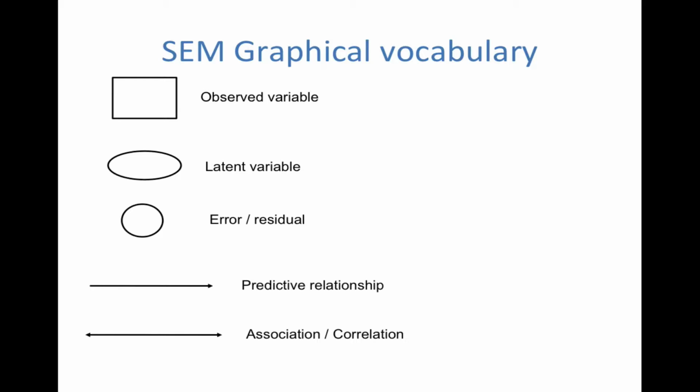Then we have a latent variable. When we think about it as a latent factor, we would draw an ellipse. If it's just the residual of an observed variable, what's not captured in an item or in a factor by other things, we would use a circle.